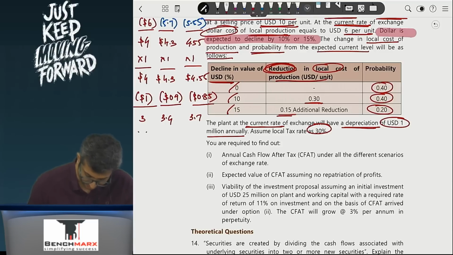So this will be tax at the rate 30%, and thereby we will get PAT, profit after tax.